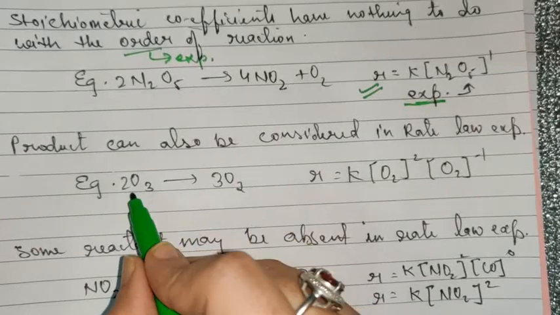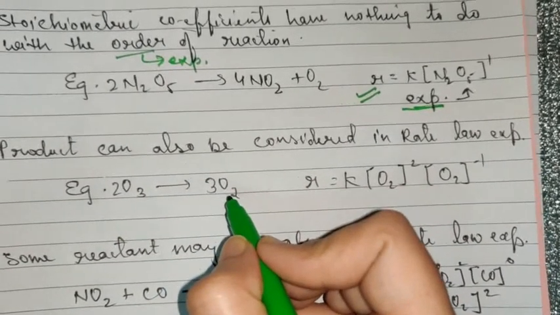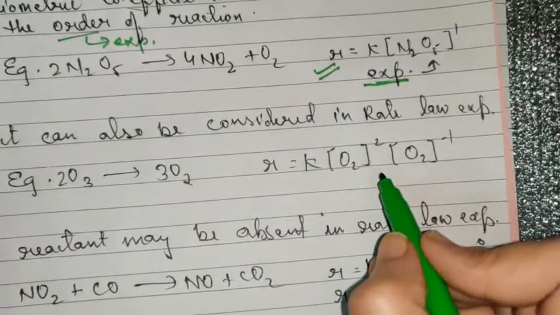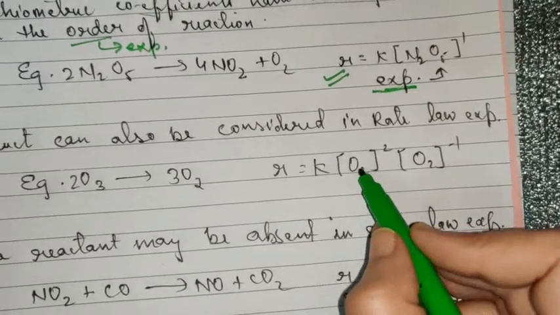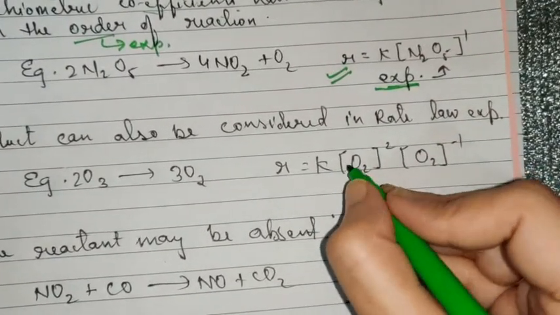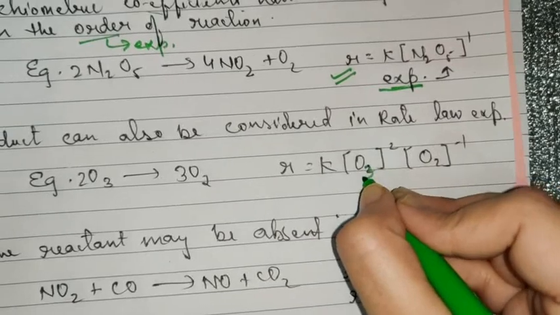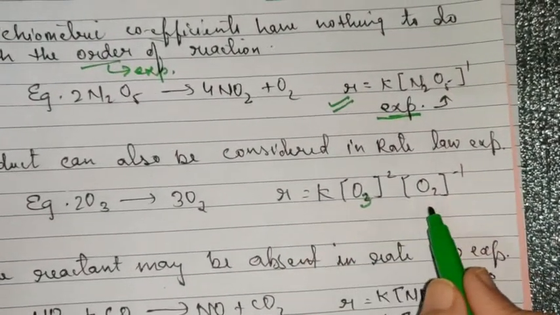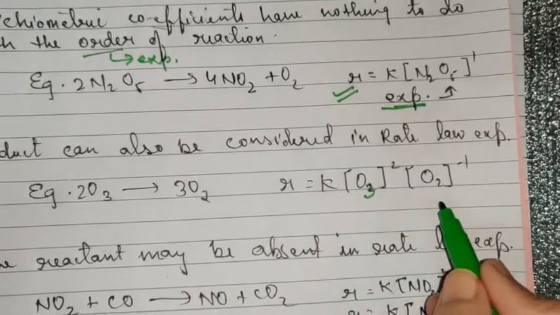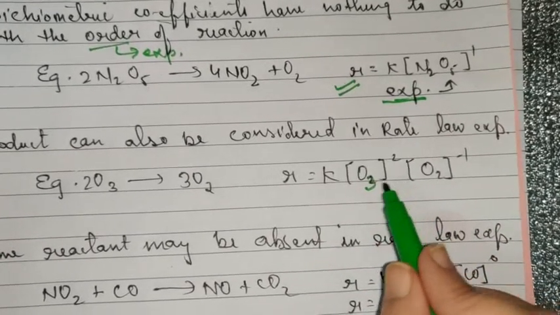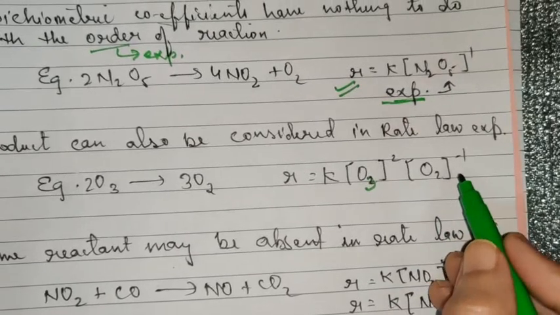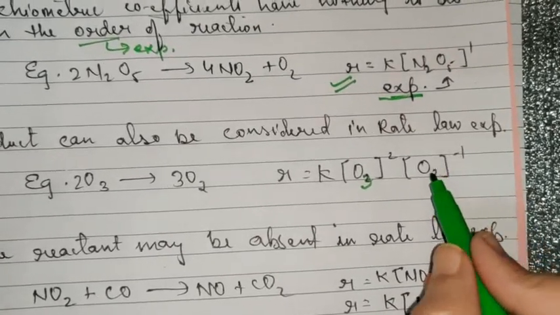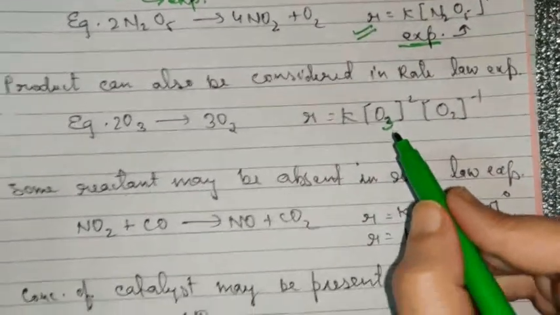So you can see here ozone is getting converted into oxygen, but in the rate law we have both ozone and oxygen. This should be 3 actually. Okay, ozone and oxygen. So this is again an authentic example calculated experimentally, where the rate of the reaction depended upon both the concentration of oxygen and ozone.